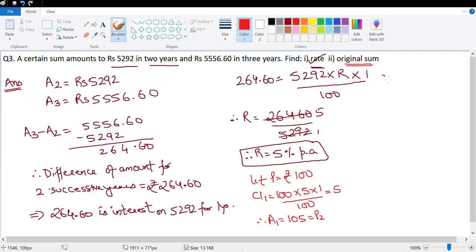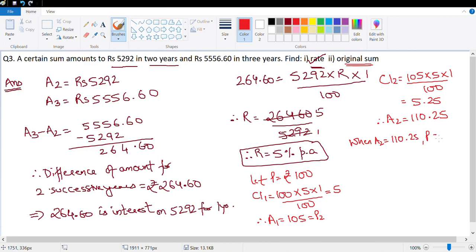Okay, so compound interest for year 2 would be principal into rate into time upon 100, which is 5.25. Therefore, A2 will be equal to 110.25. Let's use unitary method, which means when A2 is equal to 110.25, P is equal to 100.